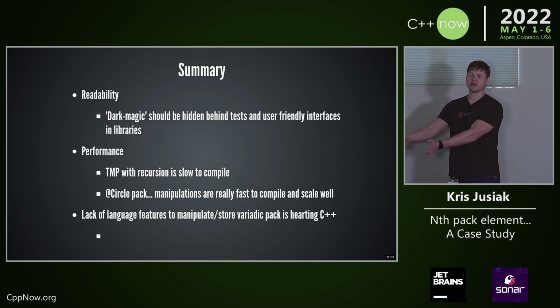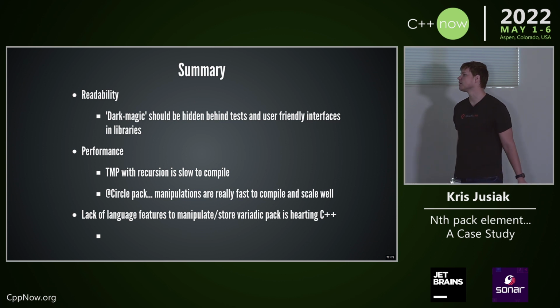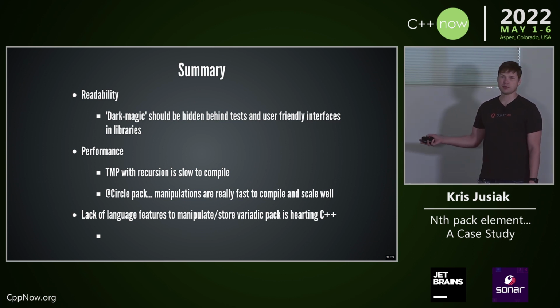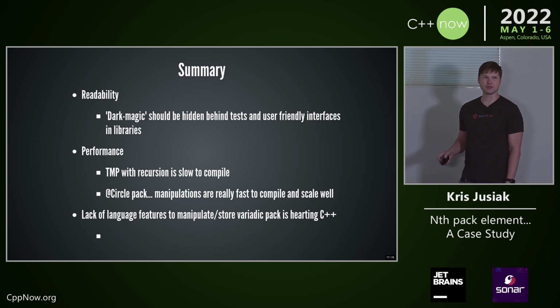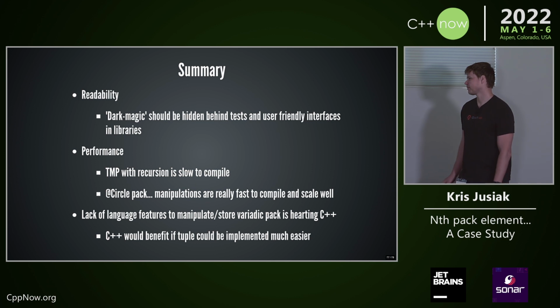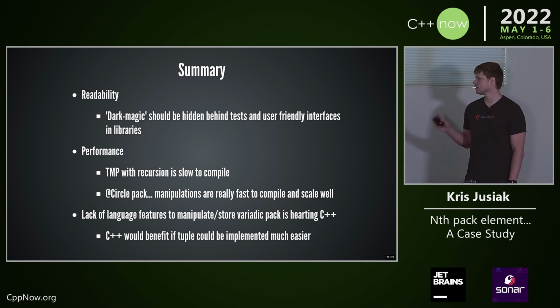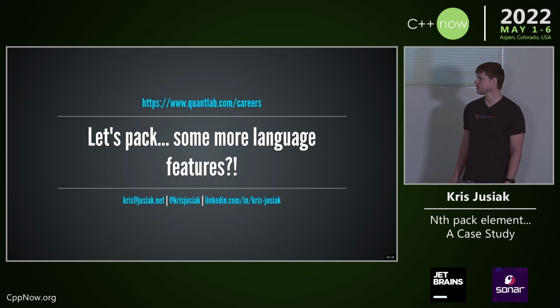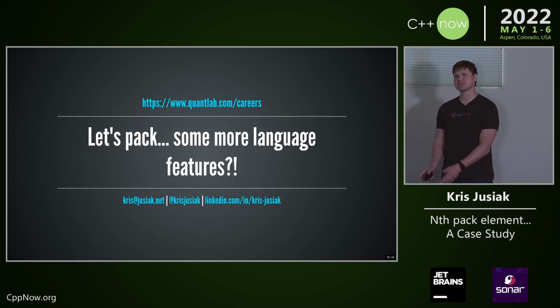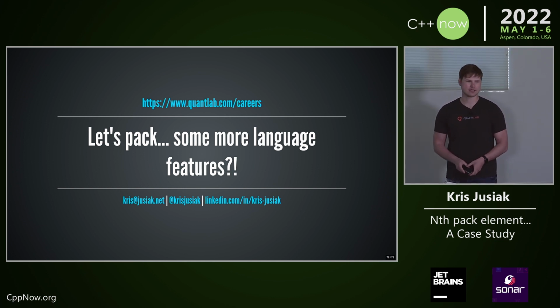Let's say 1,000 is the limit right now where we stand. But maybe you could do 1 million at some point. Imagine use cases for that. So I believe it would be awesome to have. So yeah, let's pack some more language features. Thank you.